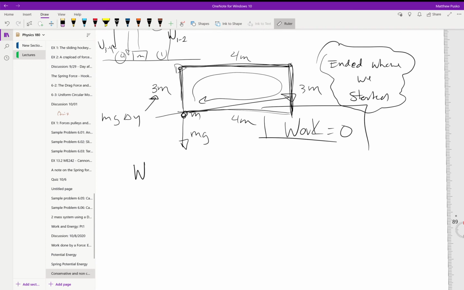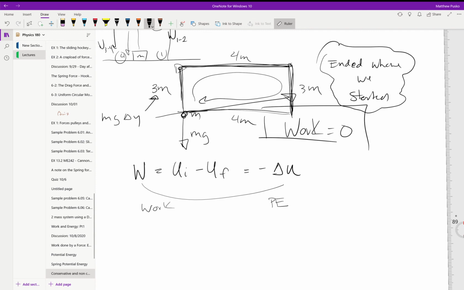So we'll say that the work done, kind of like our other definition of work, is equal to our potential energy in its initial state minus the potential energy in its final state. So that's going to be a minus delta U. This has to do with work and potential energy, right?